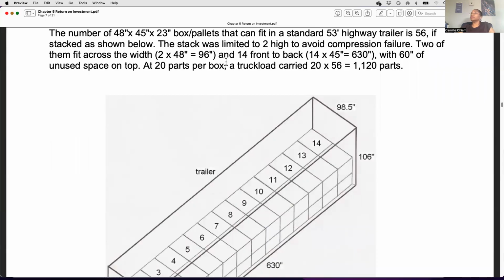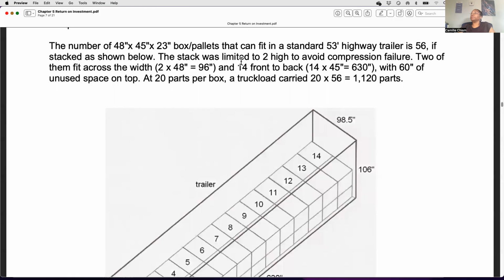The 2 high, because with those boxes, we know that if they go more than 2 high, they will compress. So they've got 2 times 48, oh, so that's 96 inches, I'm sorry.